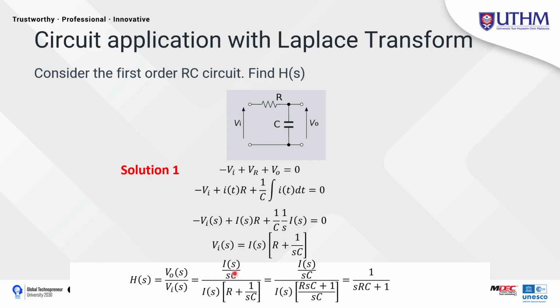So now your R is the C. Okay, so the voltage across the capacitor is 1 over sC, and then the Vin, we take the whole value of this one. Okay, and then we simplify. So we can cancel out the sC, and then we cancel out the I(s). We left 1 over RsC plus 1.